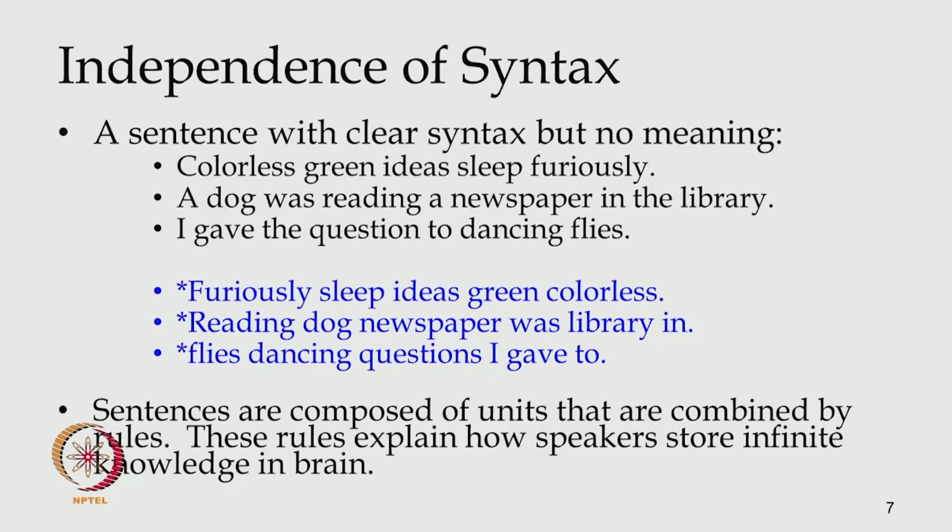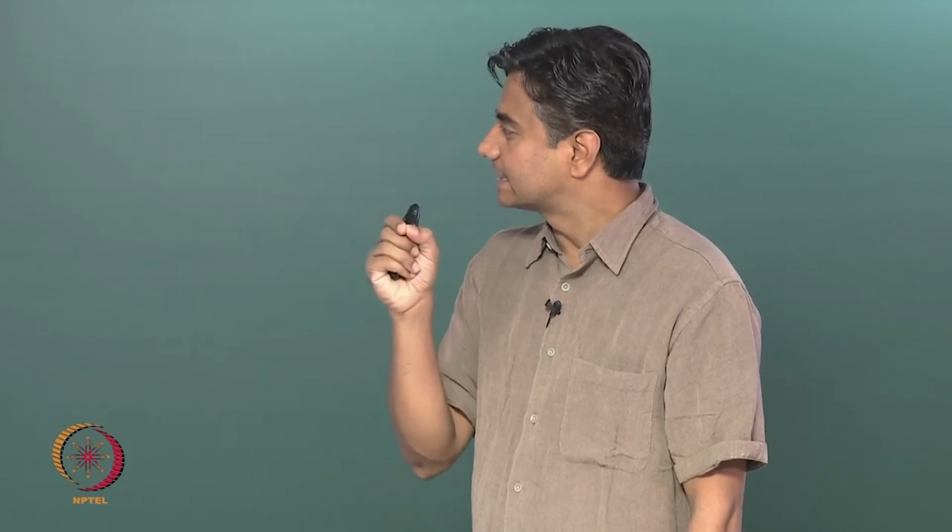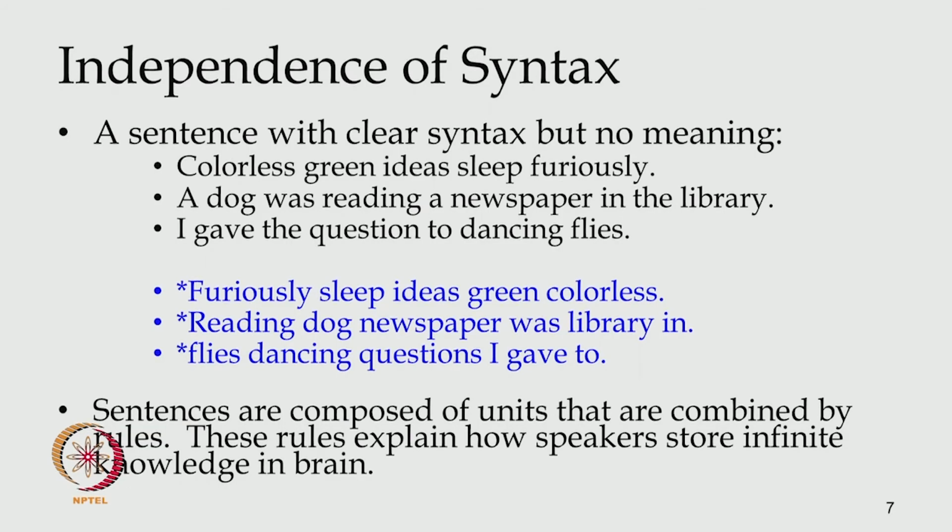The strings in blue are just distorted strings, therefore ungrammatical. They are not ungrammatical because they are not meaningful, right? Again this establishes that we must have sentences combined by rules.